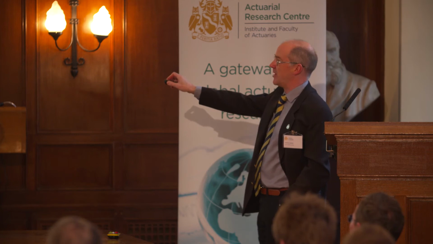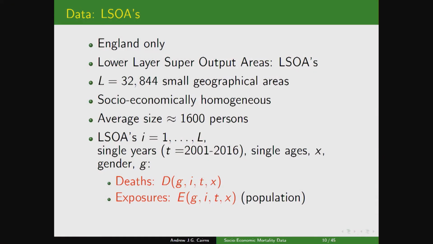Just doing the numbers, that means on average there are about 1,600 people in one of these areas. It does vary quite a lot: some of them are a bit less than 1,000, and the largest ones are maybe about 3,000 people or so. So for the LSOAs, there are 33,000 of these, and for each one we have deaths and exposures, or population counts.